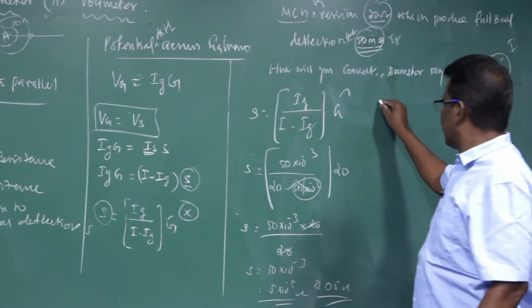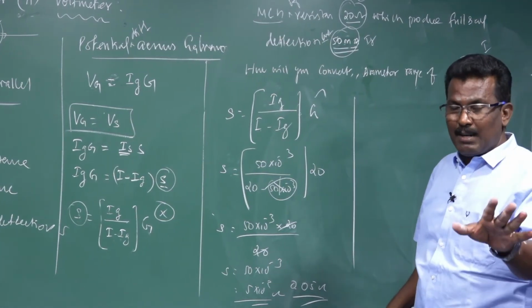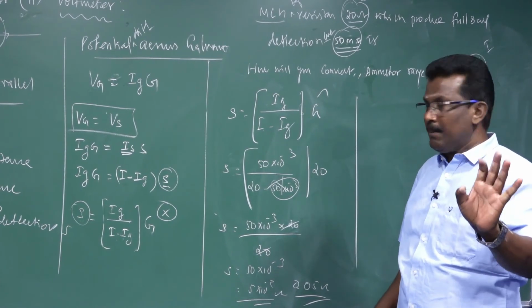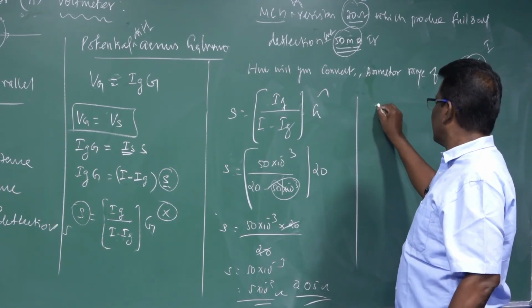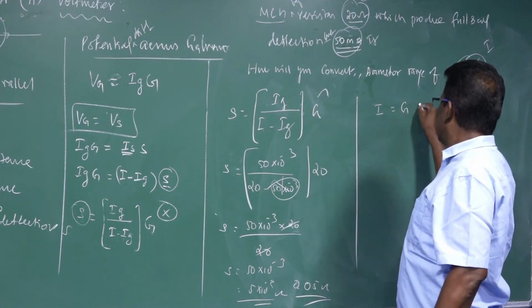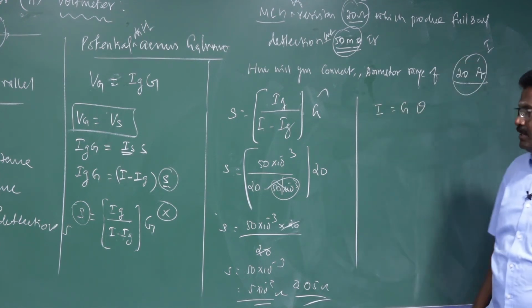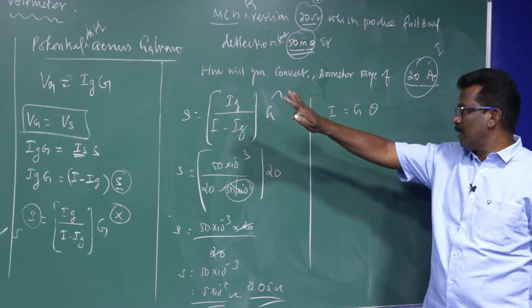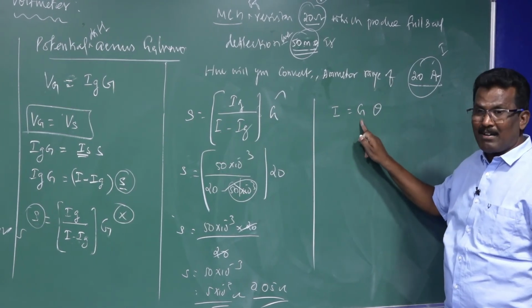Generally, a moving coil galvanometer is used to measure how much current flows through the circuit, and we can express this by the formula I is equal to G theta. What is I? The total current flowing through the galvanometer. G represents the galvanometer constant.